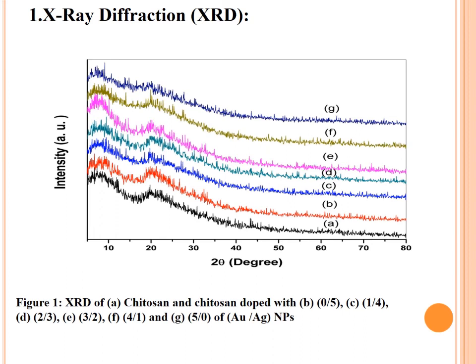For chitosan doped with silver nanoparticles, the peaks of chitosan at 19.9 and 21.9 disappeared and a new diffraction peak appeared at 20.3, which is broader than that in chitosan.